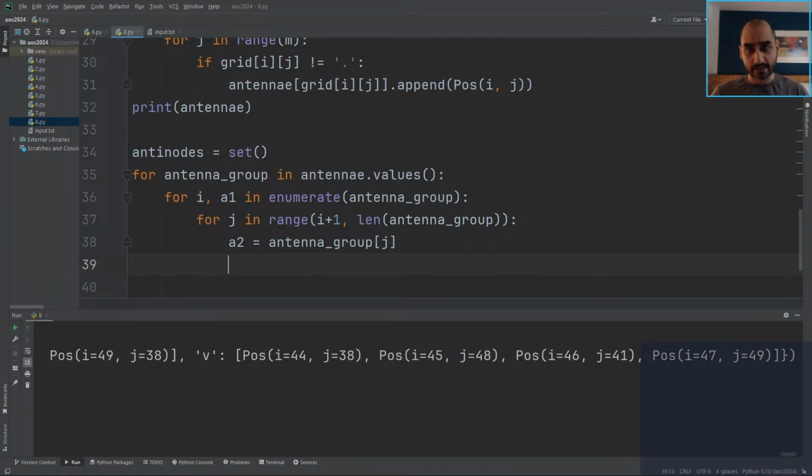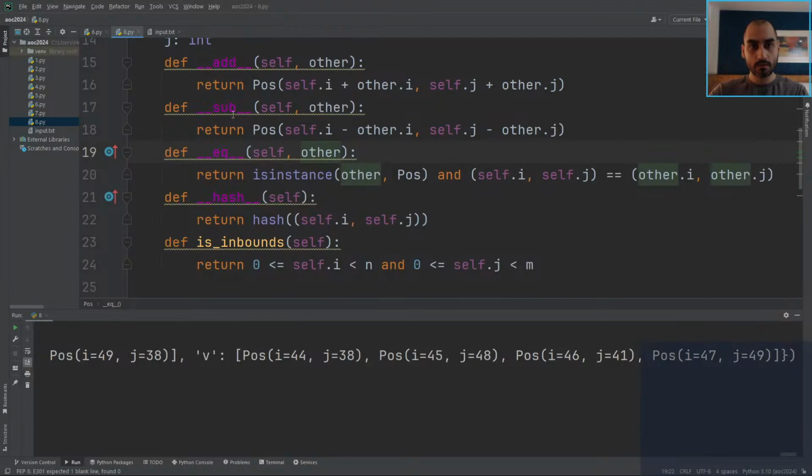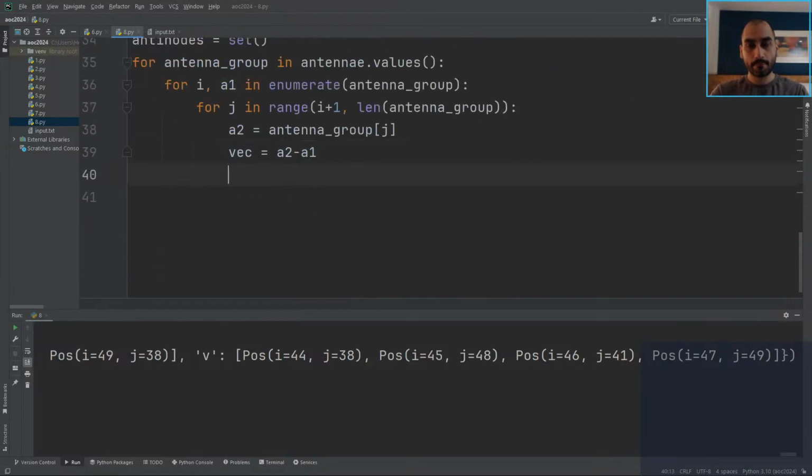We want to compute the vector from A1 to A2. Vec equals A2 minus A1. We've got subtraction. Anti-node 1 equals vec plus A2. Adding the vec to A1 gets to A2.